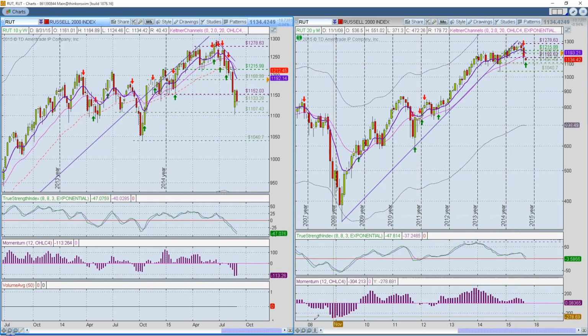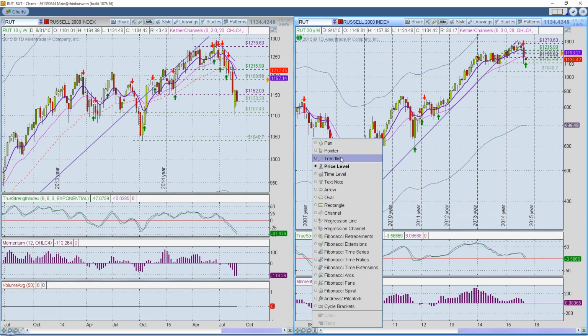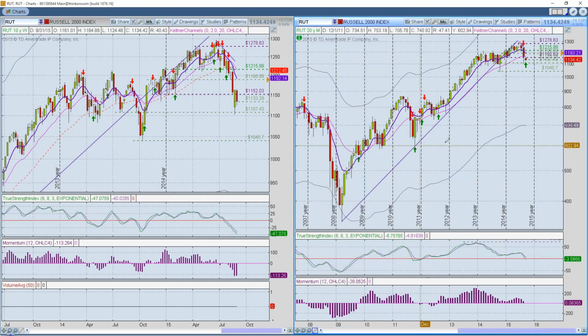And it's always a good idea, I believe, when we're getting a big correction like that, to figure out from the highs where a 20% retracement would be, which would be approximately there, about the 1044 level.